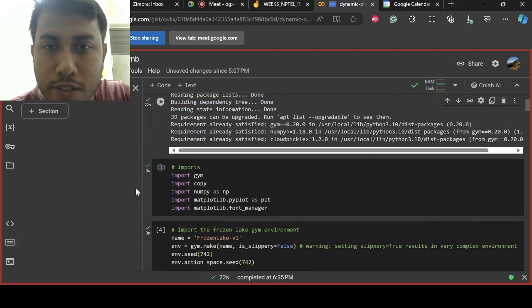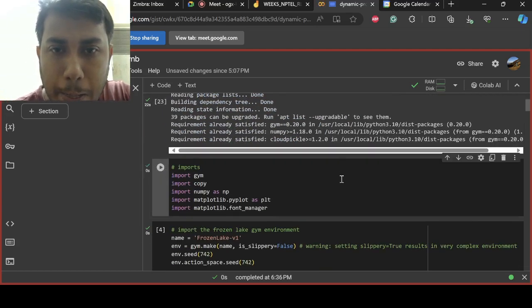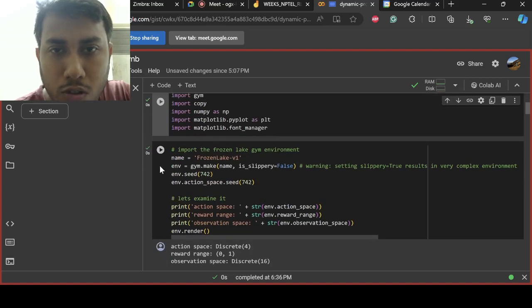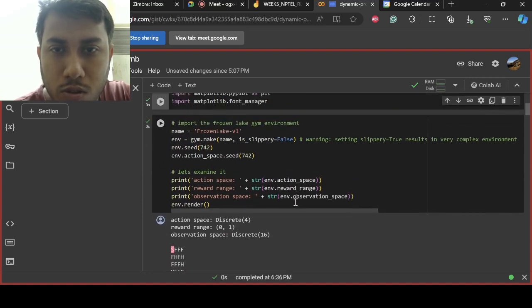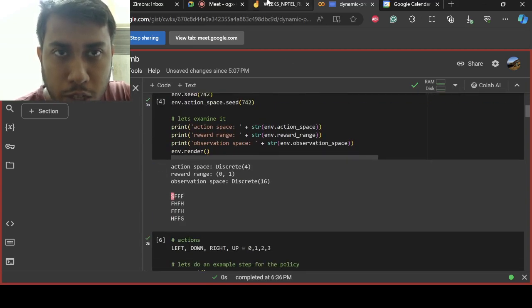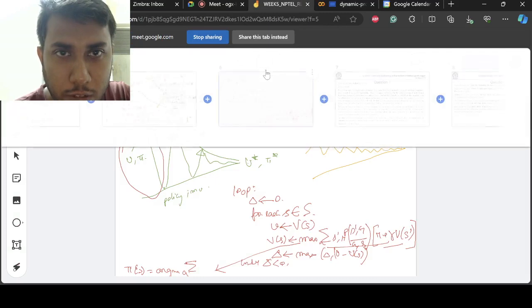Okay, so let's start and import. Let me give you an overview of what I am trying to achieve in this code.